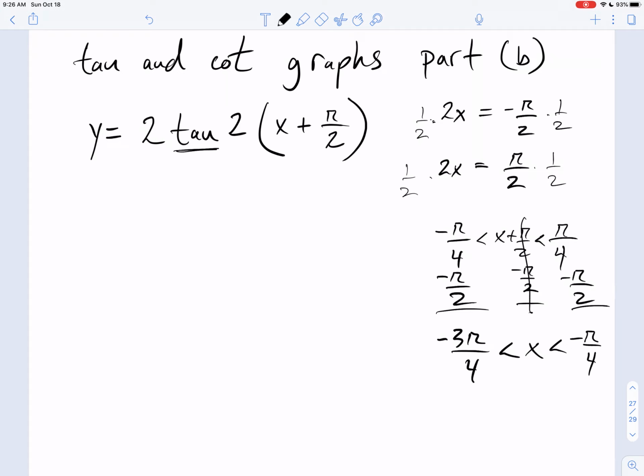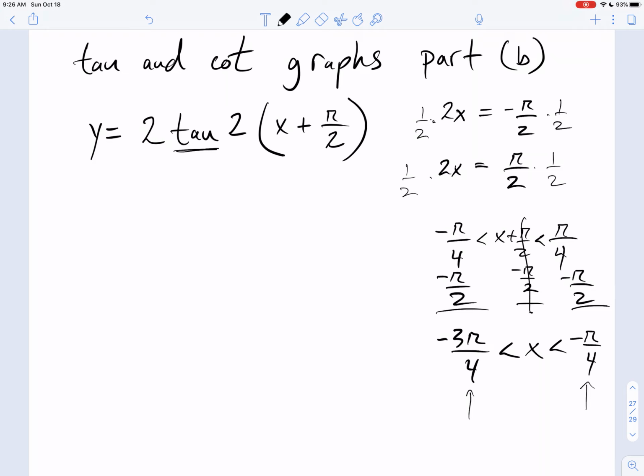I'm going to have an asymptote. That's my starting asymptote. This is going to be my stopping asymptote. That will give me one period, right? Now, just remember, the increments for a tangent graph are slightly different.